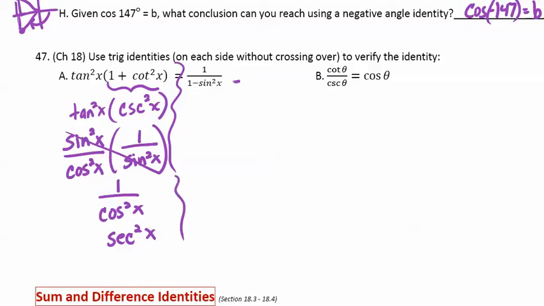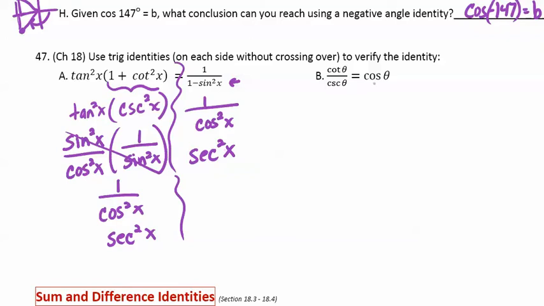Well, again, look at the denominator. Doesn't it look like a Pythagorean identity? If sine squared plus cosine squared is equal to 1, isn't 1 minus sine squared equal to cosine squared? So you might have to write out a Pythagorean identity, but you should know these pretty well. And now we recognize this, of course, as secant squared x. So not too difficult.